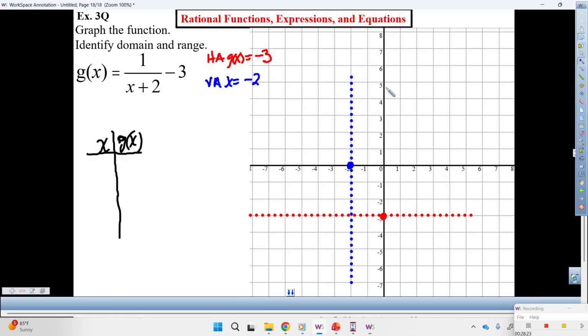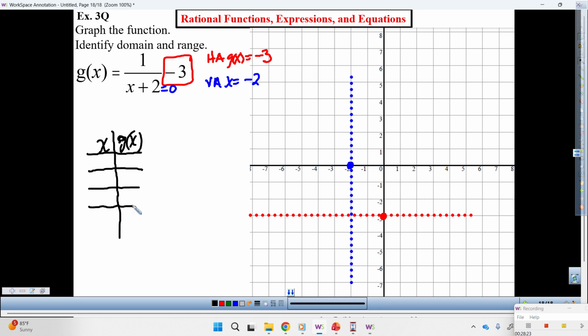And once again, in case you forgot, k, or the constant, is our HA. To find our VA, we set the denominator equal to 0 and solve, and that's how you get our VA. All right, now we need 4 numbers for our table. So you and your neighbor, what 4 numbers did you write down? Then Eileen's going to pass to someone.